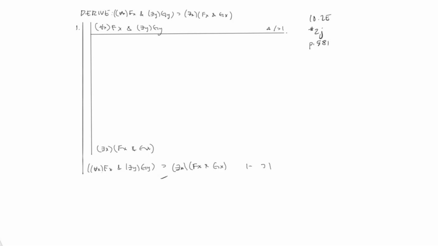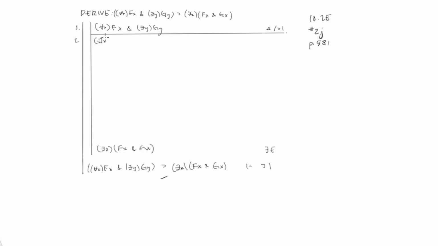One good way of getting this existential generalization is actually by existential elimination. We don't have an existential generalization to apply existential elimination to, but it's sitting right up there on line 1. So we'll break it off.